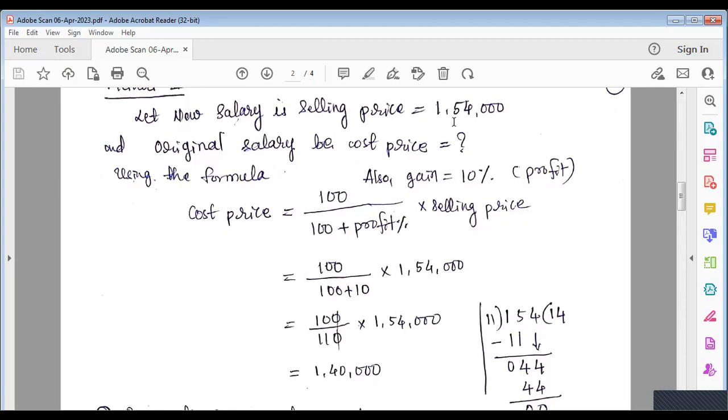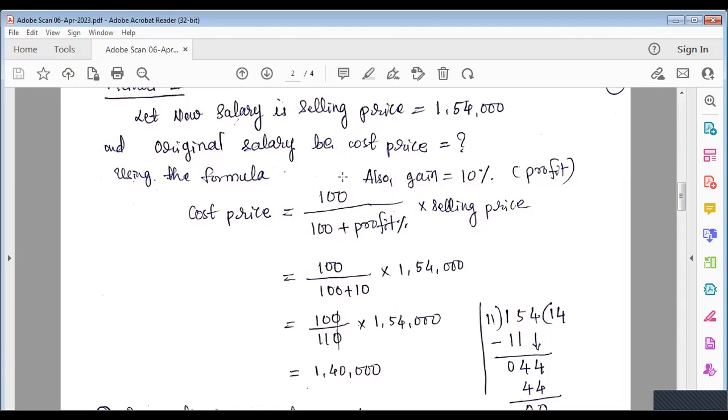So I am just treating the new salary as the selling price, and original salary you can treat as the cost price.